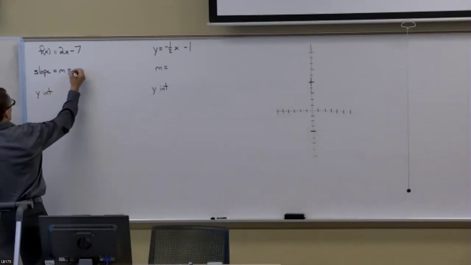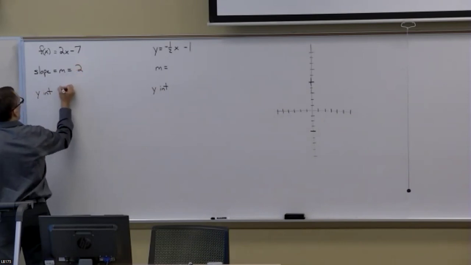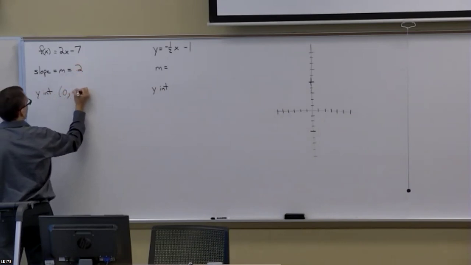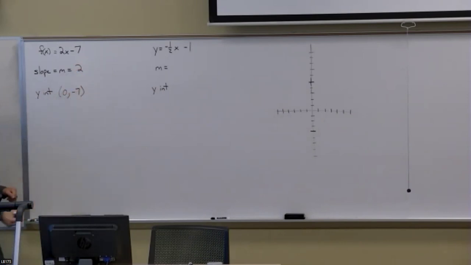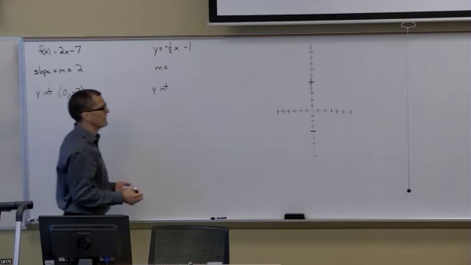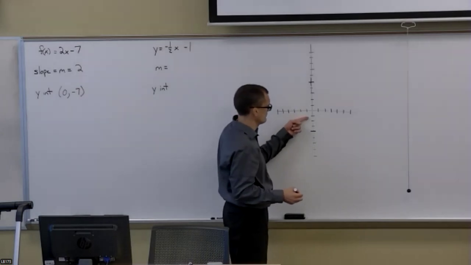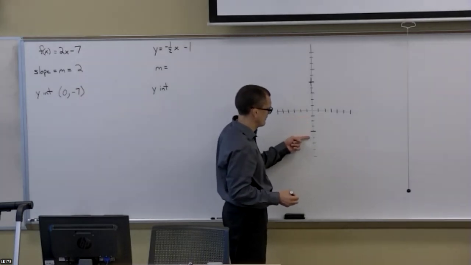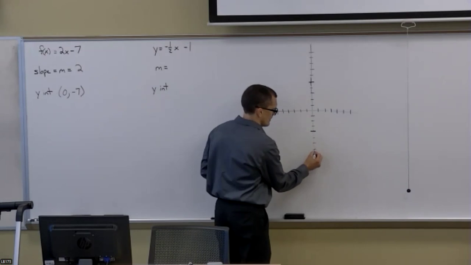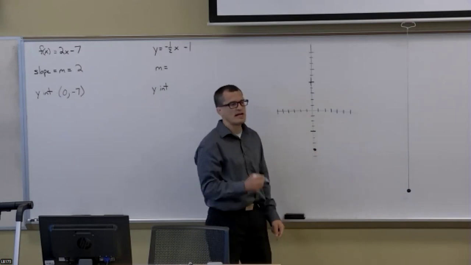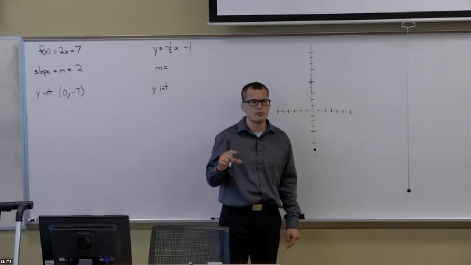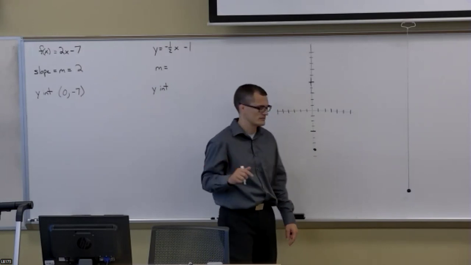All right, so this first one, slope is 2, the y-intercept is the point (0, -7). If I'm going to graph that, I go down to (0, -7), put a point, and then I think of that 2 as 2 over 1, change in y over change in x.